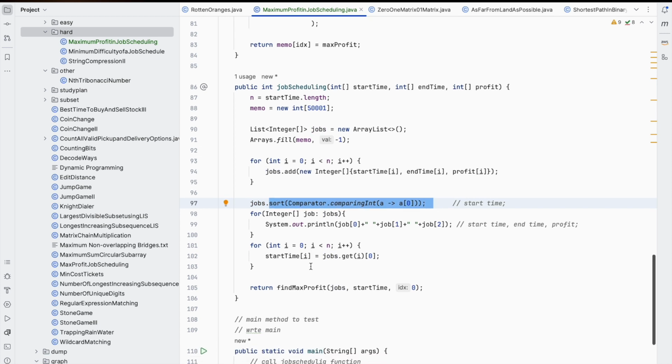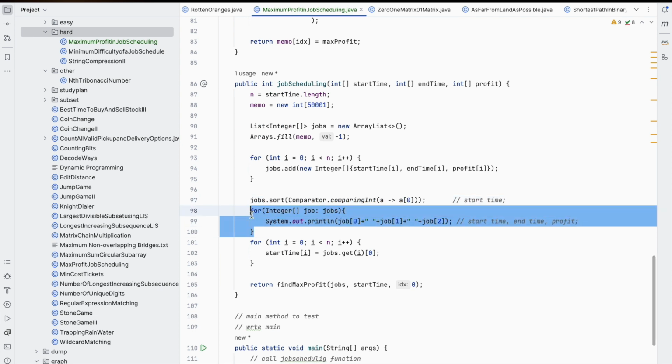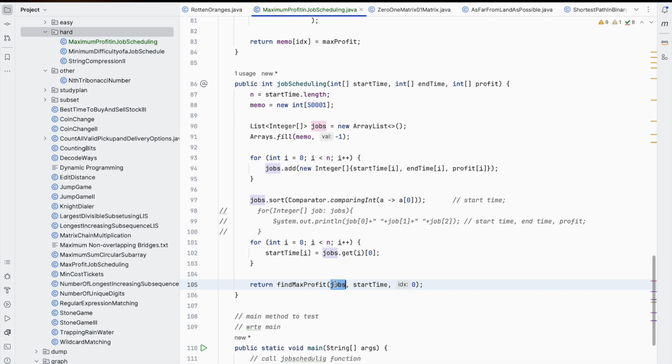Now we don't need that print statement. Now we have our jobs, and the start time array I have used to do the binary search, where we will be figuring out the next index. Let's say we have picked the 0th job, we will try to find out the index that we have to pick after that job such that there is no overlapping.